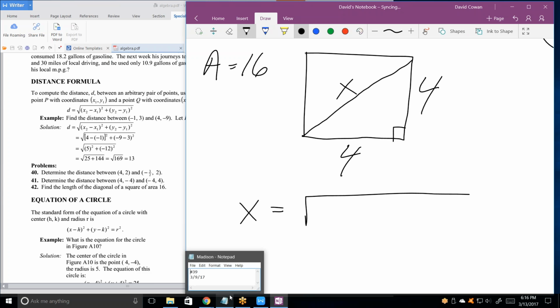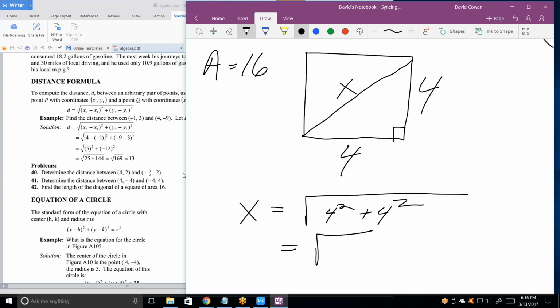Remember, whenever you're solving for the hypotenuse of a right triangle, which is what you're actually doing when you do the distance formula, you're always starting your answer out with square root. 4 squared plus 4 squared equals square root of 32. And now simplify that.